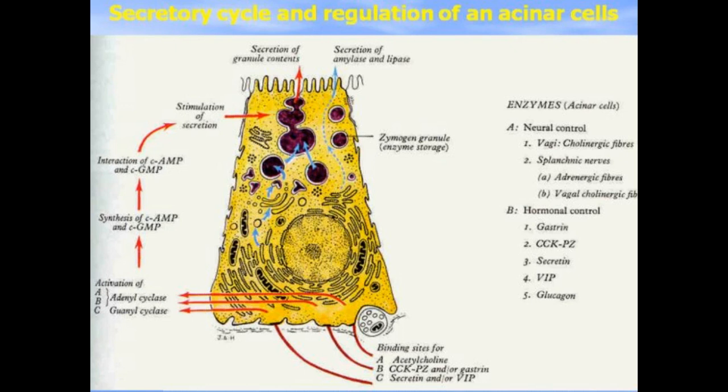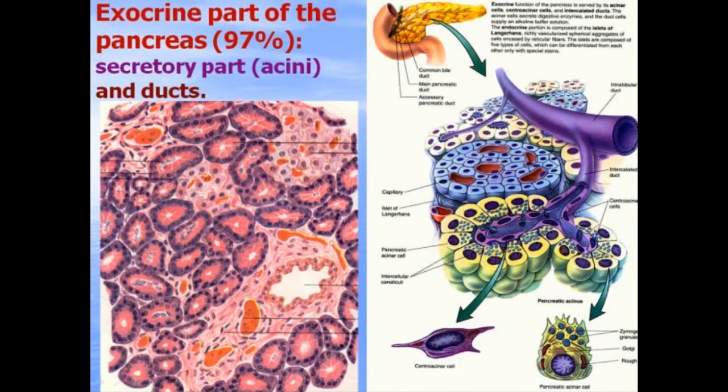The precursors of these enzymes accumulate in the Golgi and in granules in the apical portion of cells, and they are released into the lumen of acini when necessary for digestion of food. The apical portions contain zymogen granules. It is the oxyphilic zone, with zymogen granules containing precursors of enzymes.